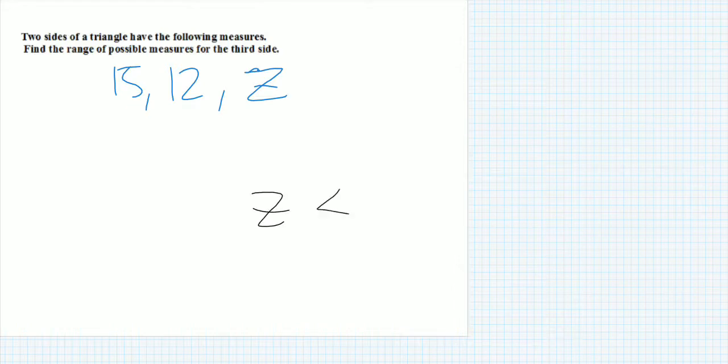Let's use 15 and 12, and then I'll choose Z as the letter, whatever, okay? So try to do it, see what you get. The final answer is going to be Z has to be squeezed in between 3 and 27. You would just do this based off of the 3 inequalities or looking at the shortcut, but it's up to you. And that there is one application of the triangle inequality theorem.